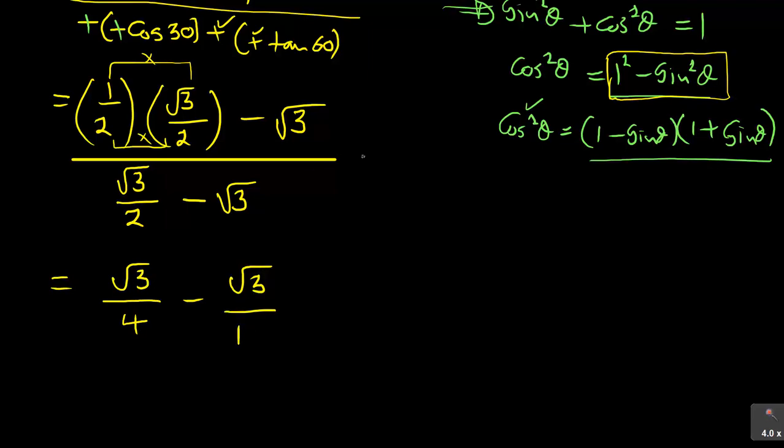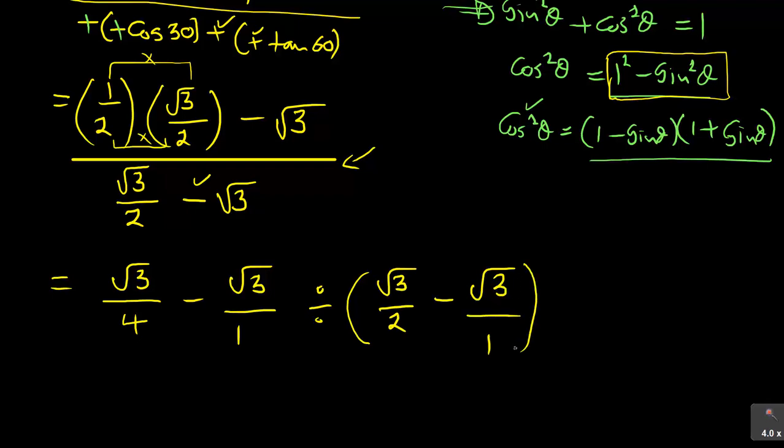You see that. Then this, I'll change it to this divided by, but put a bracket after that because you need to protect that negative. And then you've got root 3 over 2 minus root 3 over 1. See that? That's what in a way I'm having.